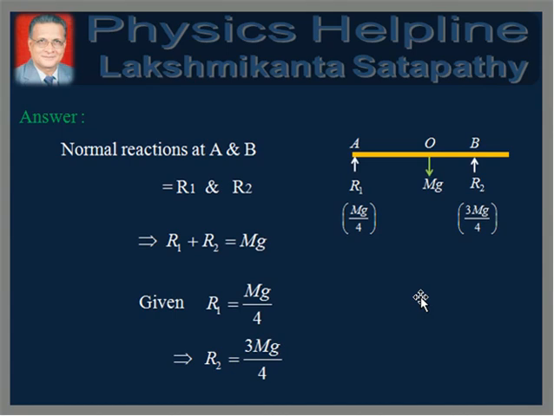Therefore, R1 plus R2 must be equal to the weight of the bar mg. It is given that R1 is equal to mg by 4, which implies R2 is equal to 3 mg by 4.